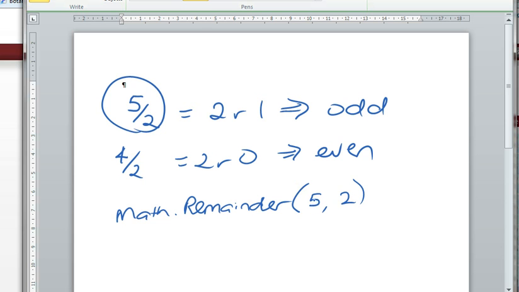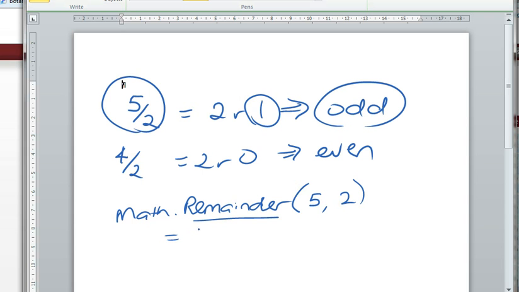That means we're going to divide 5 by 2. So when Math.Remainder takes those two numbers, the dividend and the divisor, it calculates what the answer is. So thinking Math.Remainder 5, 2, we know that the answer is 1.